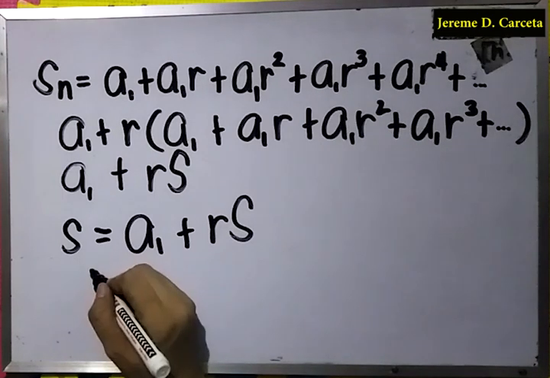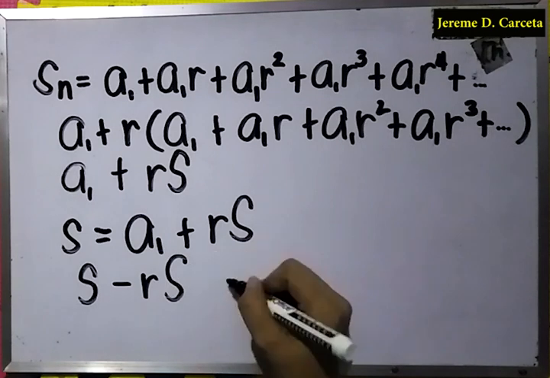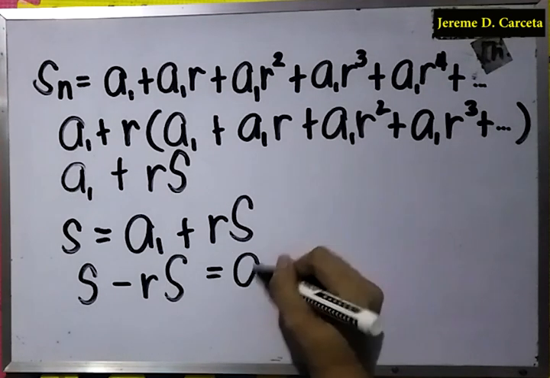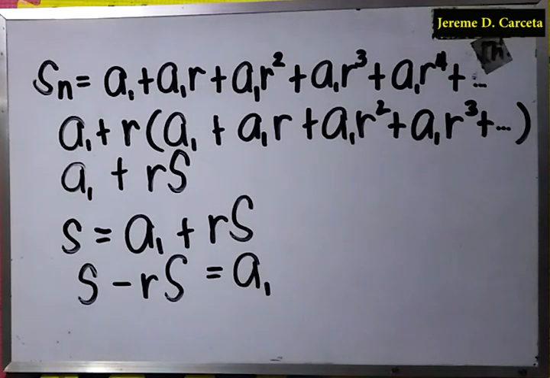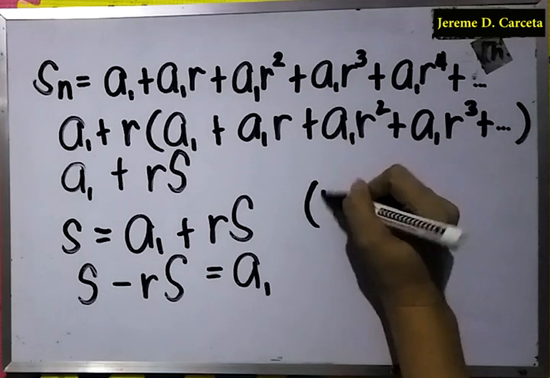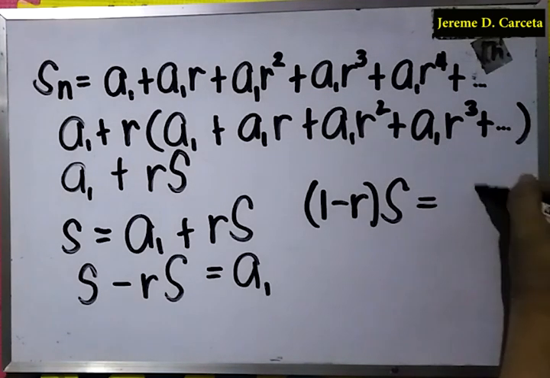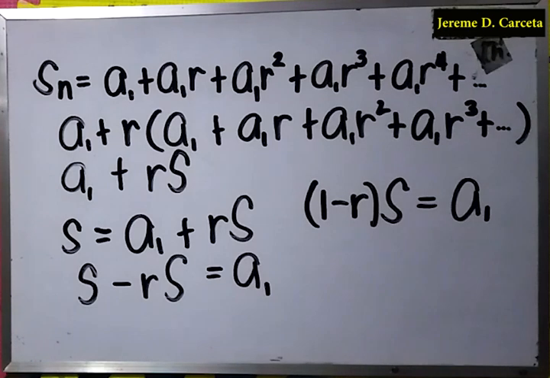So you have here S minus r times S is equal to a sub 1. As you have noticed, we have a common factor again here, which is S. So we have 1 minus r times S is equal to a sub 1.